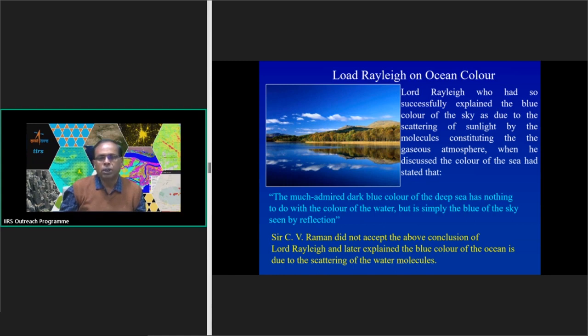And he explained the blue color of the ocean is due to scattering of the water molecules. So water molecules also scatter the blue light more compared to other wavelength region. That's why the color of the water is blue in nature. When we are going deep inside the ocean, we get pure seawater, and the color of the ocean appears crystal blue.